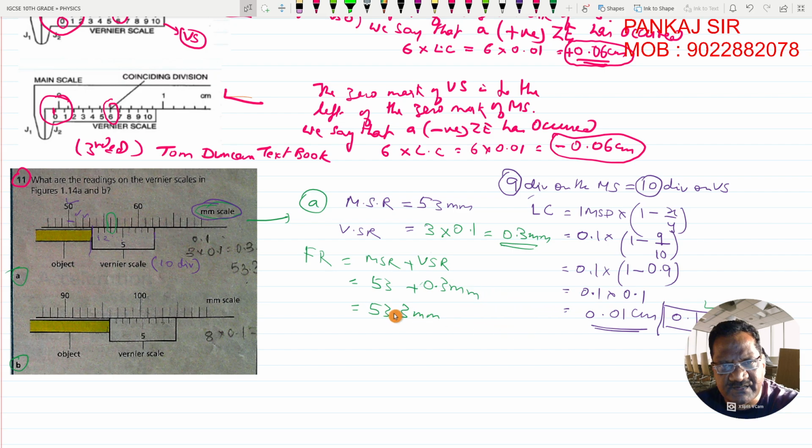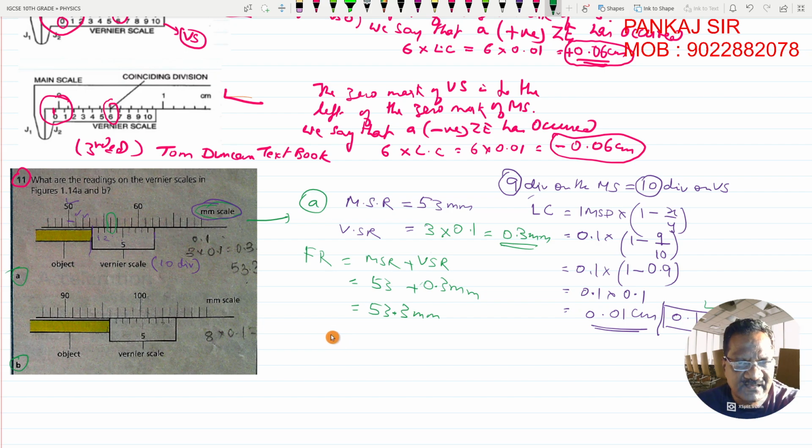53.3 millimeter. Now, here they haven't mentioned anything about zero error, whether this particular instrument has any zero error or not. So in this case we have to assume that the zero error is nil.